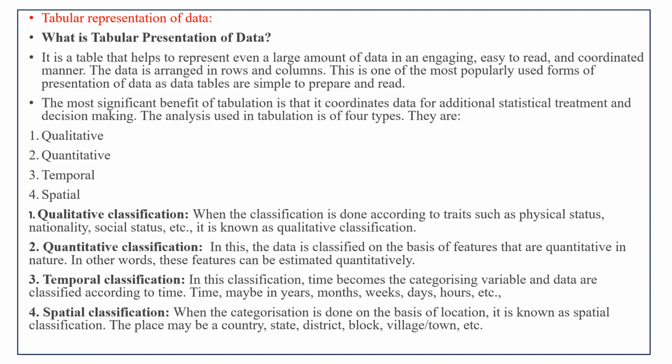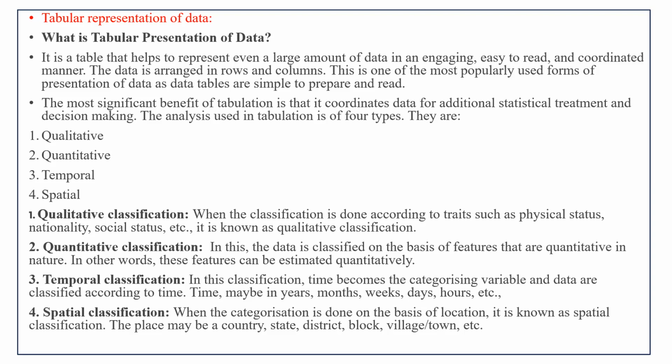So the data in a table is always arranged in rows and columns. You all know that every table must have rows and columns, and this is one of the most commonly used forms of the presentation of data. The most significant benefit of tabulation is it coordinates data for additional statistical statements.